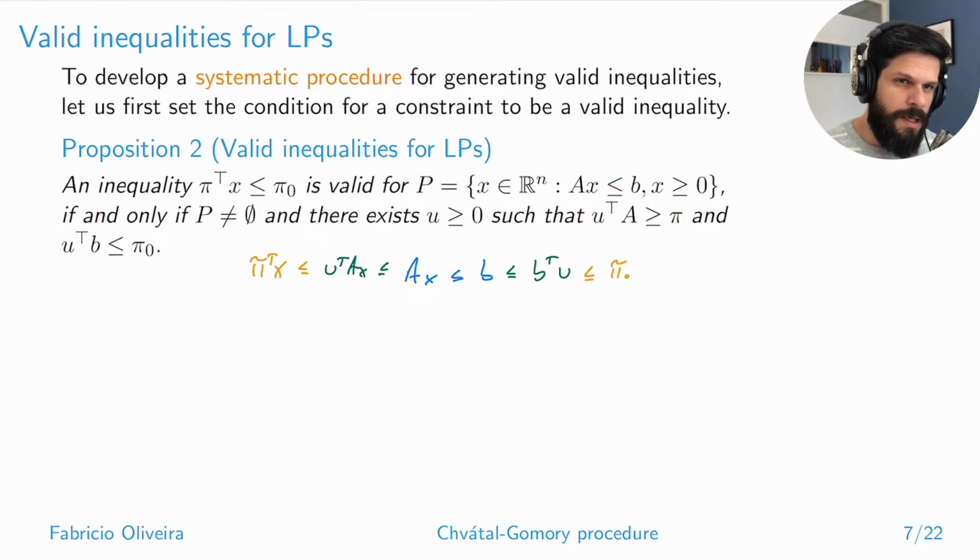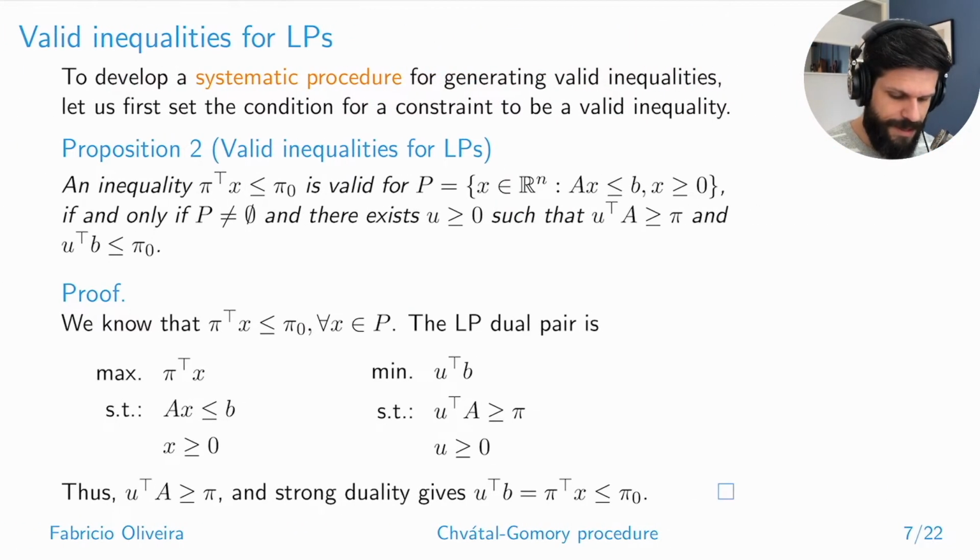Okay. And how can we derive these? Well, we can use a duality argument because whenever we talk about combining, or using non-negative weights to combine constraints, that's basically what you're doing whenever you think about linear duals, really. So thinking about a valid inequality of this form, in which we want this to be feasible for all x in P. So let's think about posing this as a problem where I'm trying to find the maximum I can put on this side without violating the feasibility condition.